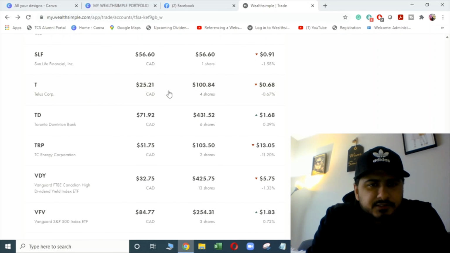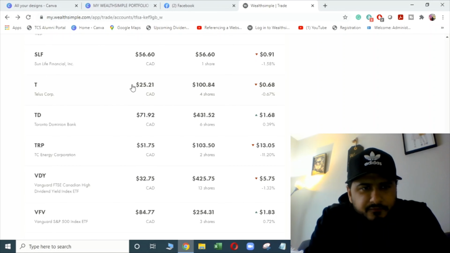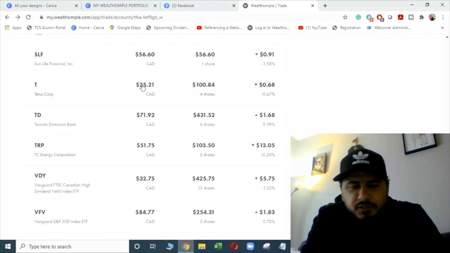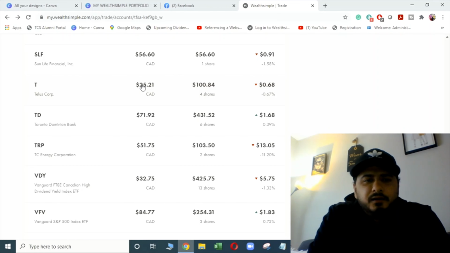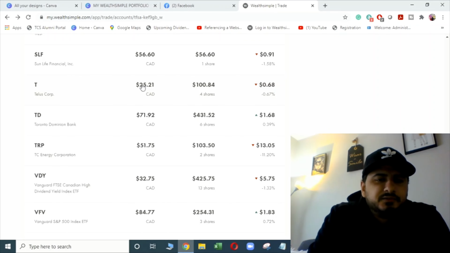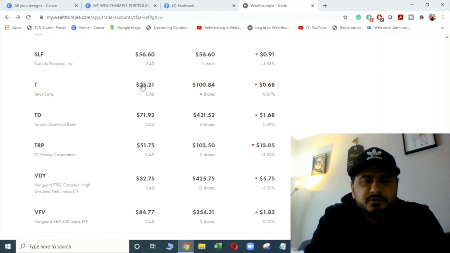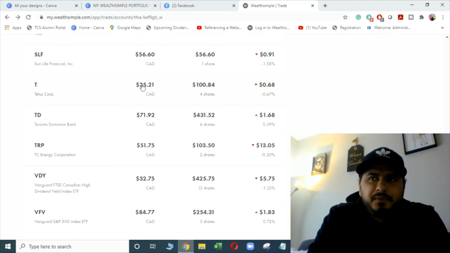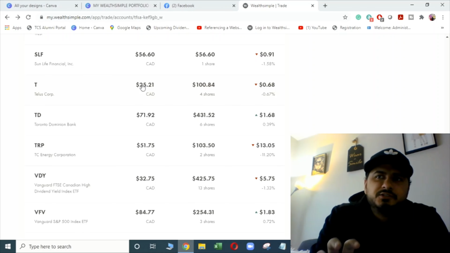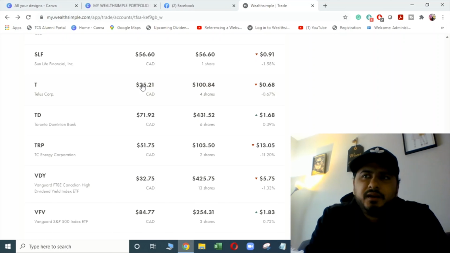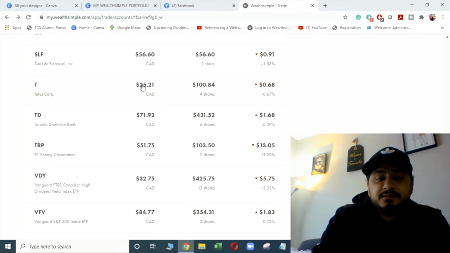And next stock is TELUS Corp, which is a telecommunication stock. As you have heard about Rogers or Bell and TELUS, I am holding a position of TELUS because I can see this is one of the rapidly growing companies in Canada with holdings in the US market as well, and slowly and gradually they are investing themselves in the healthcare sector as well.